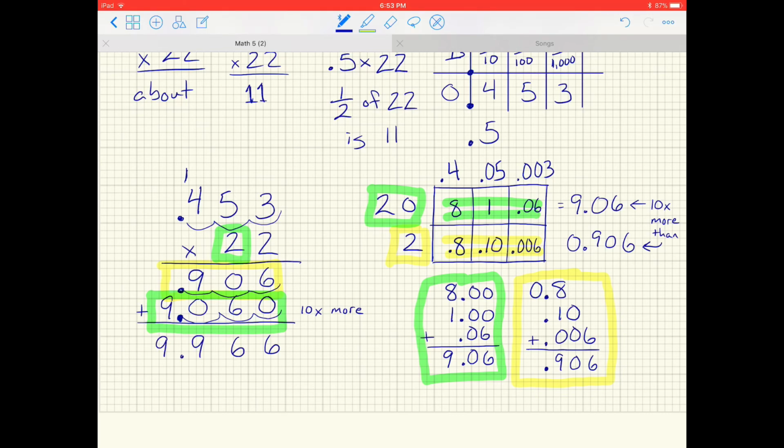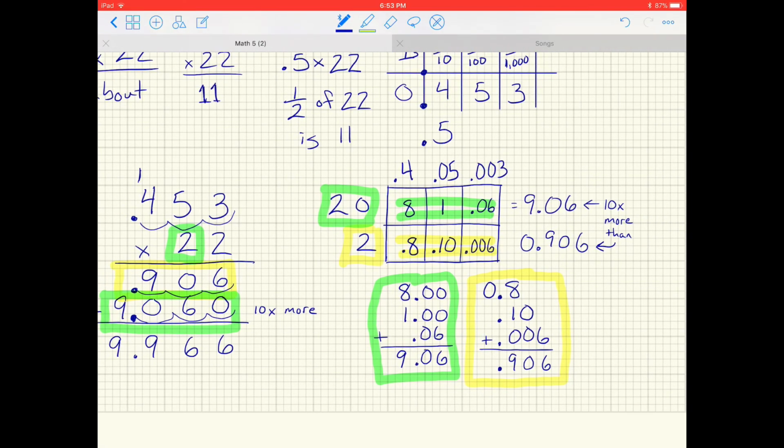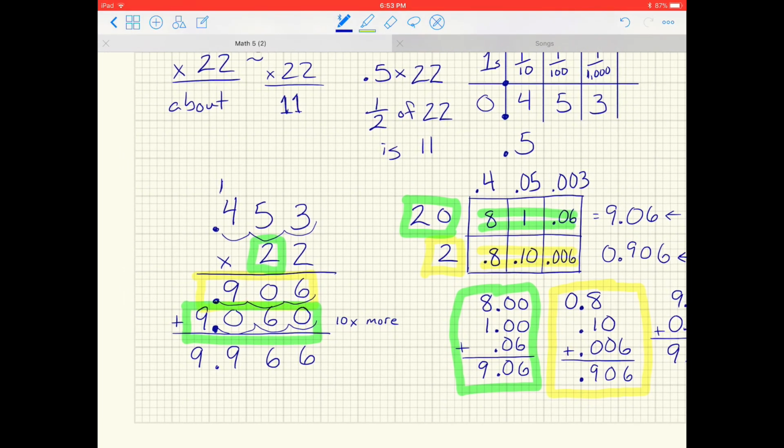Add them all up, I get 9 and 966 thousandths. And you've probably already figured this out, but if we add up all the other ones on the other side here, 9 and 6 hundredths plus 906 thousandths, guess what? It's the same answer. So our two answers match.